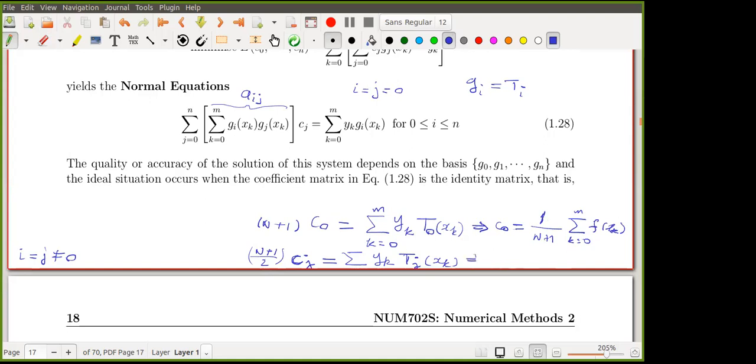And here, for c_j, this will be 2 by n plus 1, the same sum, f of x_k times T_j of x_k.